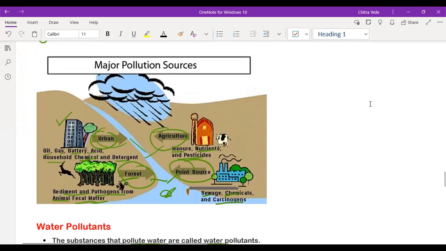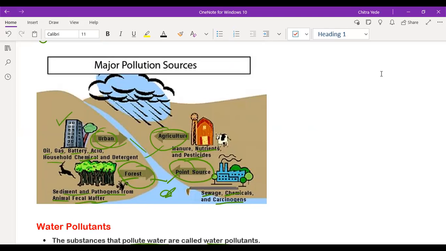I hope you have understood what water pollution is, how water pollutants are produced, and the main sources of water pollution: urban, agricultural, forest, and point source. So how can we protect water from being polluted? Whatever material is discharged into water bodies, industries must first treat it.